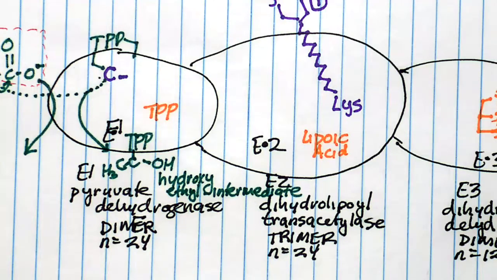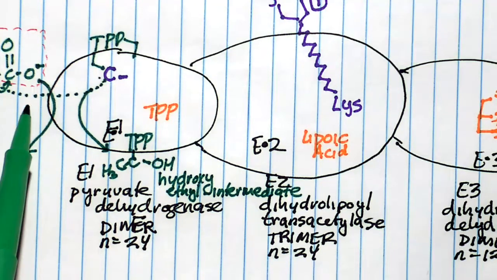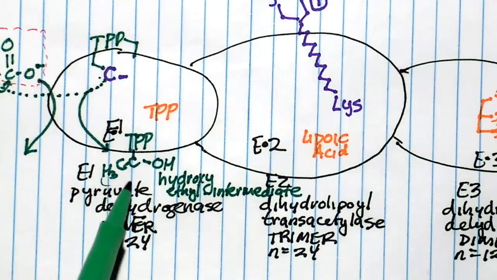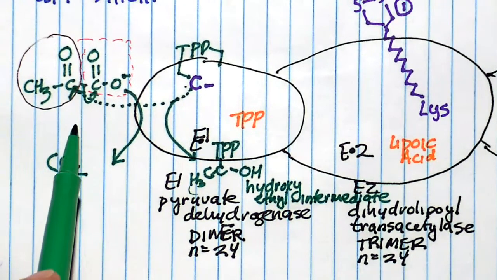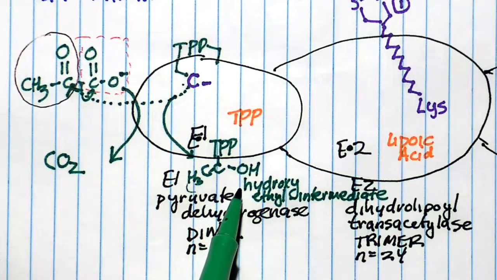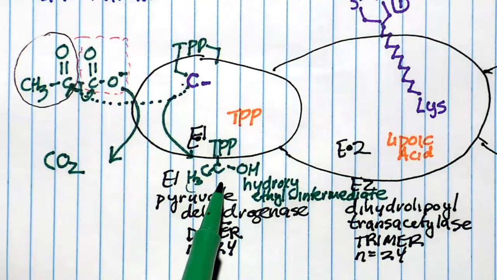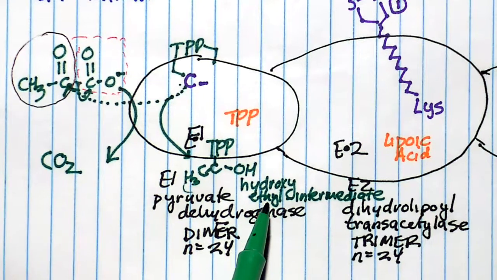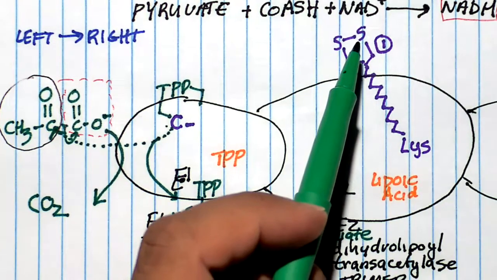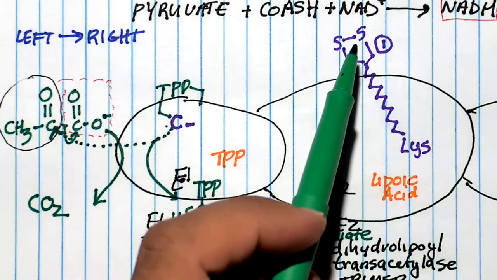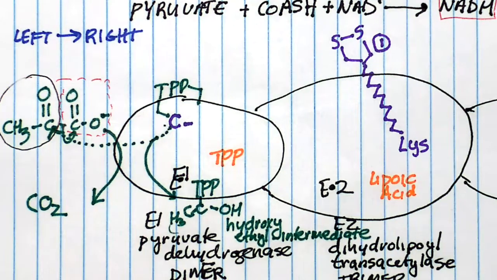So what happens next is that this E1, which has the TPP, carries this acetyl group, and now this acetyl group in the form of the hydroxyethyl intermediate is going to get transferred to one of the sulfurs, breaking this disulfide bond on the lipoic acid or the lipoyl lysine intermediate.